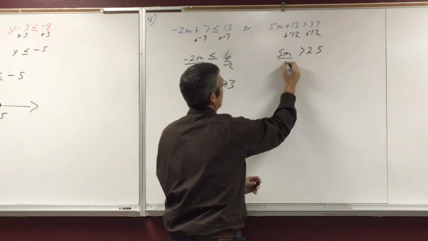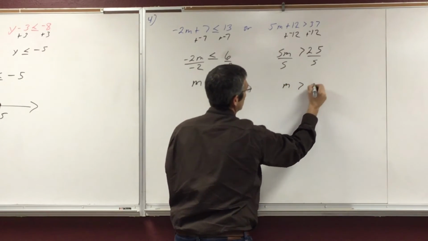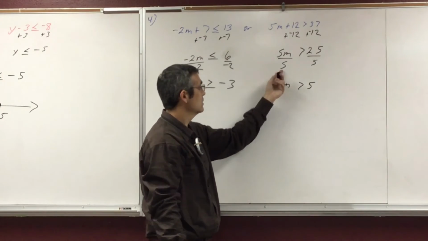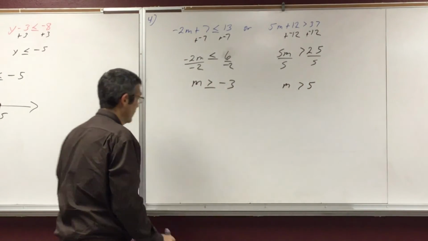Divide by 5, divide by 5, m greater than 5. Now I didn't flip it over here because it wasn't a negative number that I divided by. Okay, so I have it fine there.